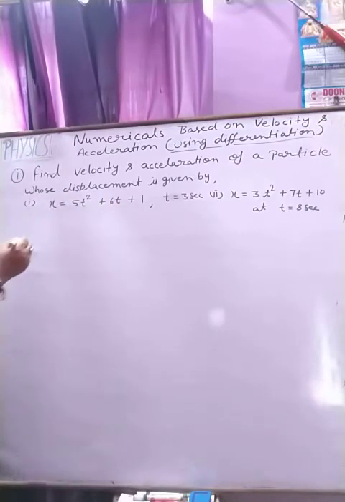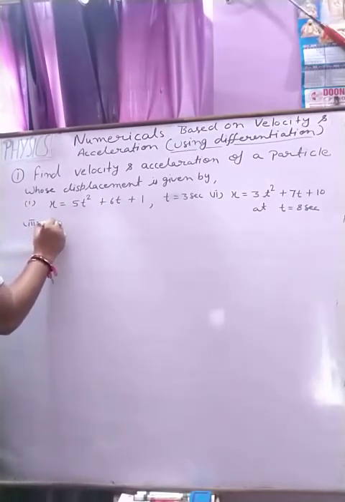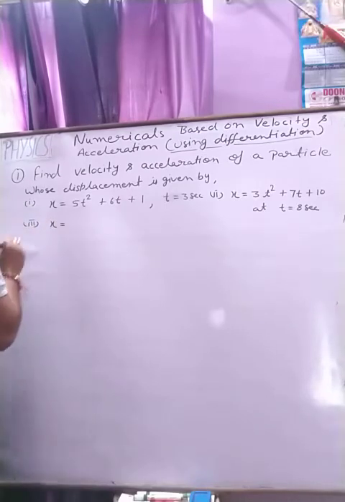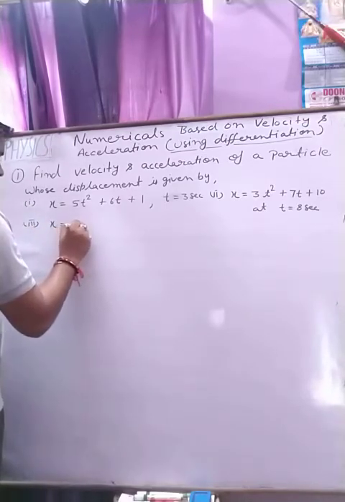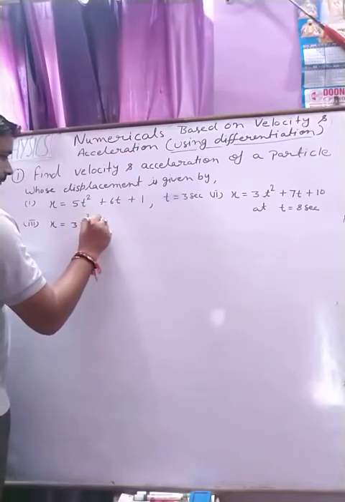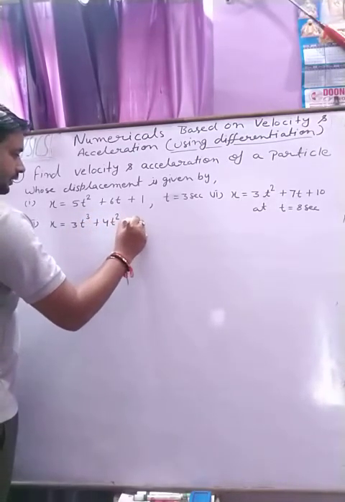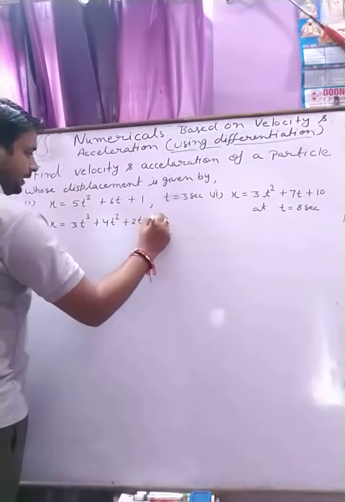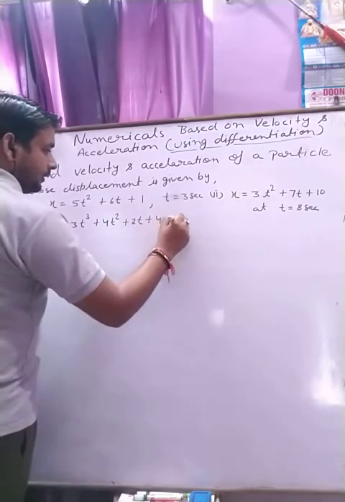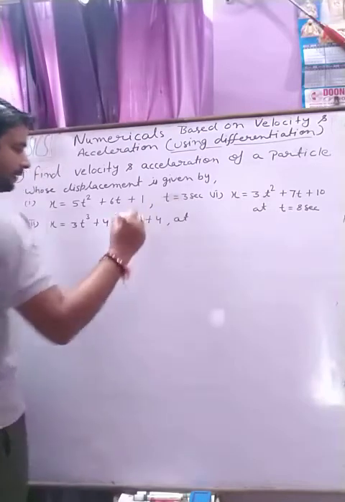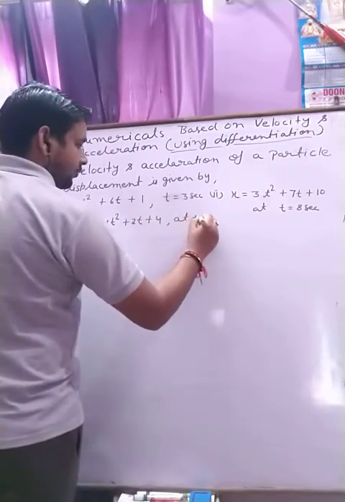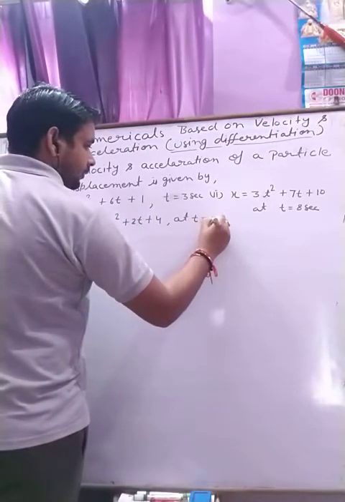Similarly, the third one is: displacement of a particle is given by 3t cube plus 4t square plus 2t plus 4 at t equal to 2 seconds.